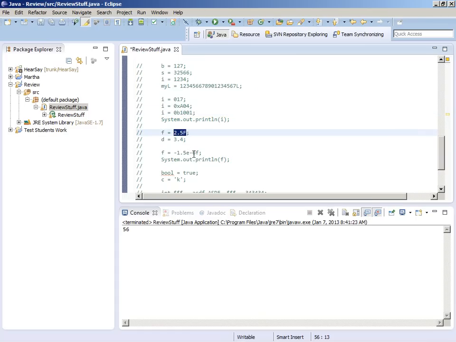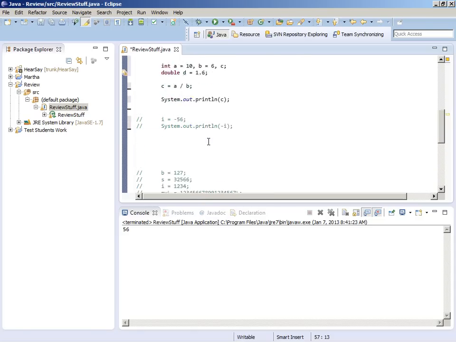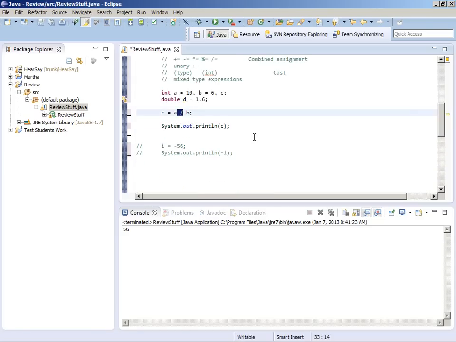This is a float. This is a double. So constants have data types. Operators also have data types. Every one of them has a data type. And in Java, an operator cannot work on unlike data types. An operator has a data type, and it has the data type of its operands.